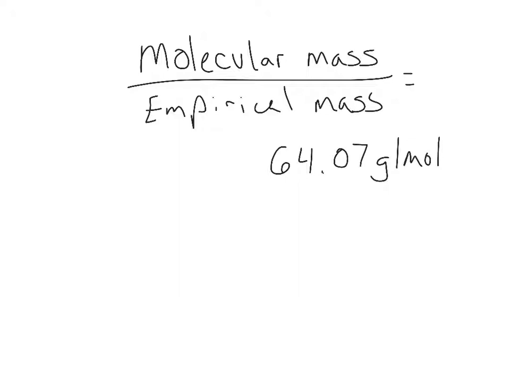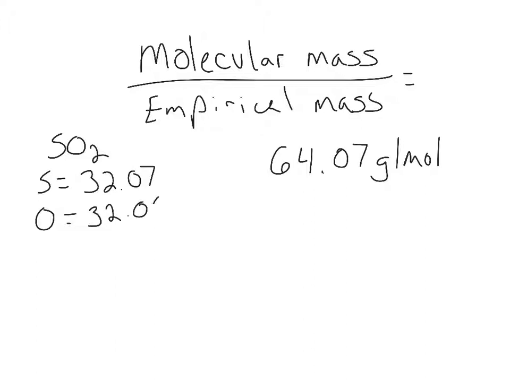We can find the empirical formula mass by using the periodic table. So it's SO2 is our empirical formula, so 1 sulfur, which is 32.07, and then 2 oxygen, which are each 16, so 32. And I add that up and I get 64.07.